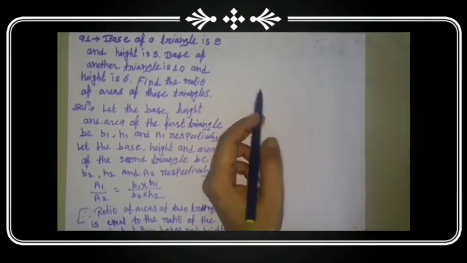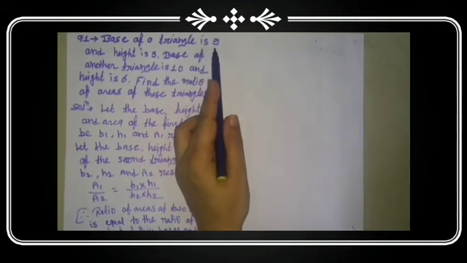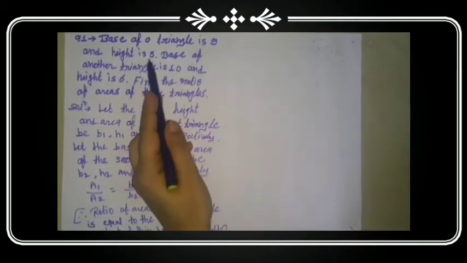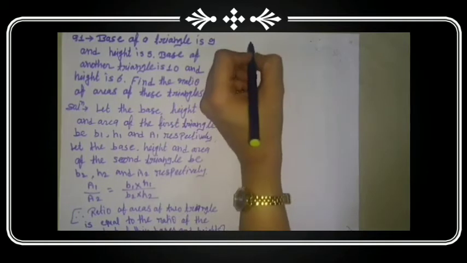According to the question, B1 is 9 and H1 is 5.